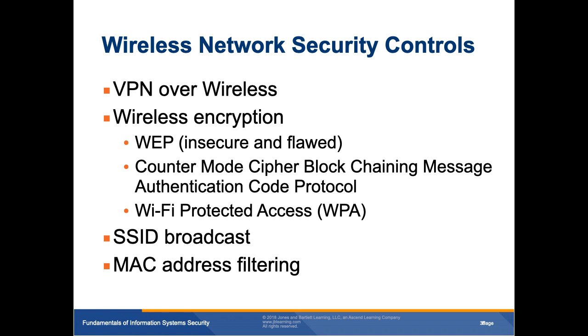If you have a server also doing authorization and authentication, you can do WPA2 enterprise, and you should be doing that in your organizations. But at home, WPA2 is the preferred method. Actually, WPA3 I think is out.